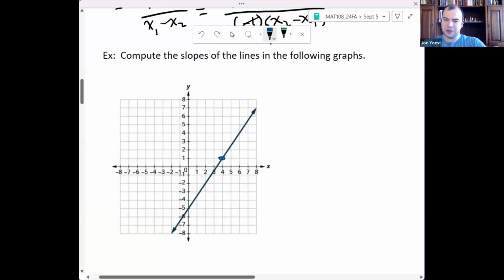Can't draw a circle without OneNote trying to make a square. Can I tell that for certain from the graph? No, it might go through 4.01, 0.99. But if we're told to compute the slope of the lines just given a graph, this is a pretty reasonable assumption to make. So I'm going to assume that one point on the line is x equals 4, y equals 1.